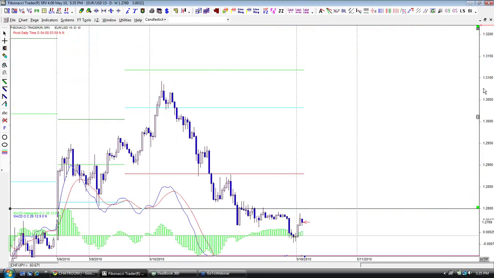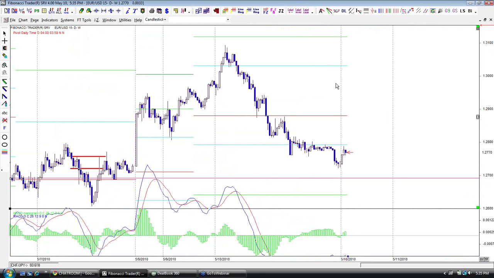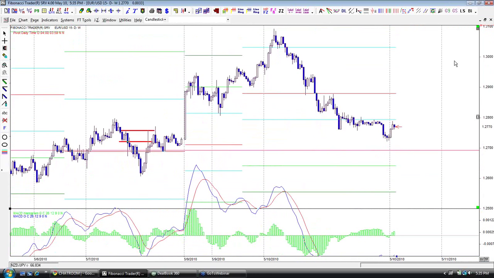So here we can look for bullish patterns, but as I said, the probability of those patterns will be a lot smaller.